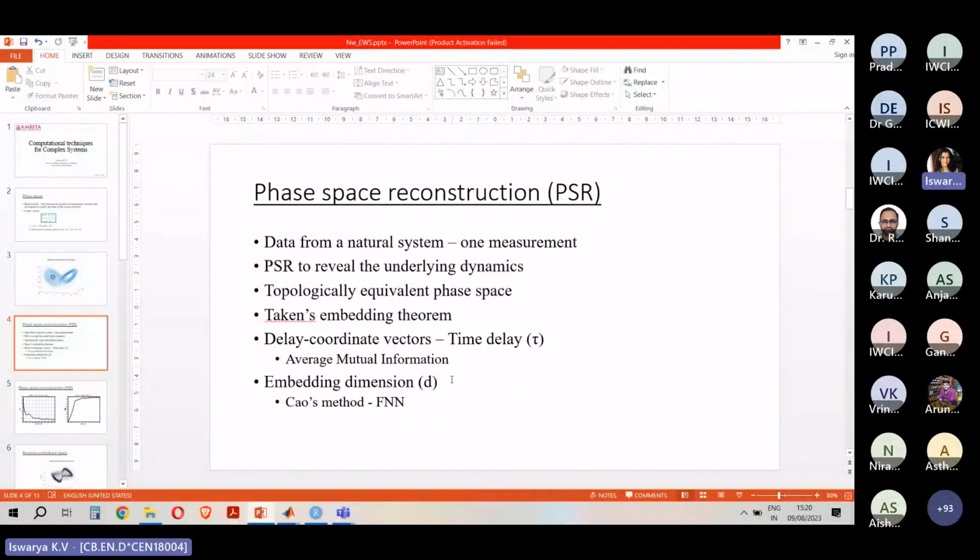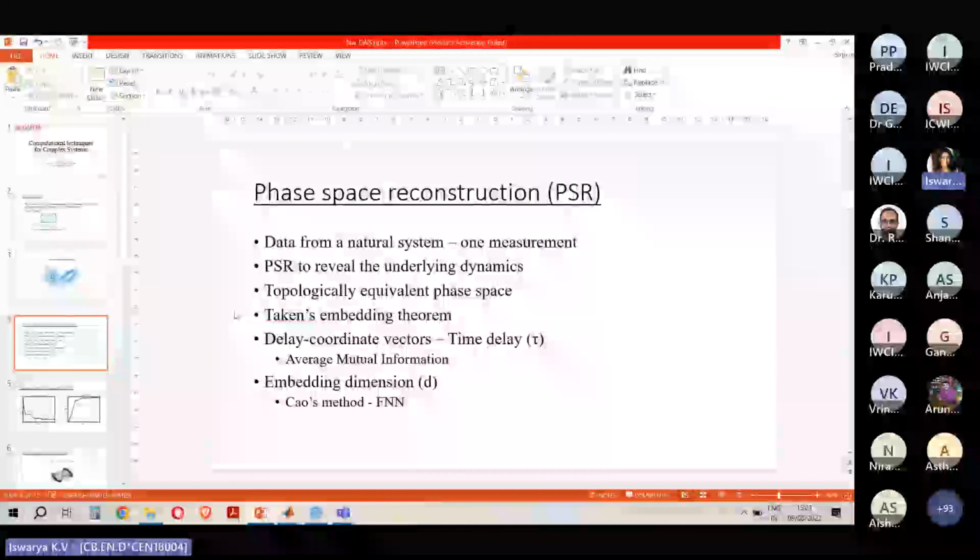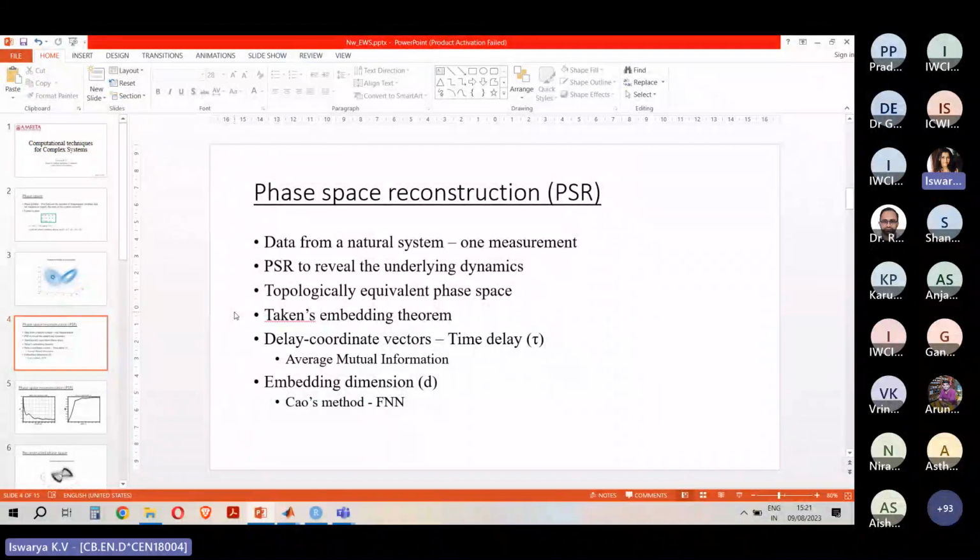And in the case of the embedding dimension, it is that dimension where, let's say I have 2 points and the distance between these points remains the same even when it is projected to a higher dimension, that will be taken as your minimum embedding dimension. A good example would be, let's say you're looking at a square in 2 dimensions, but when I try to project it into 3 dimensions, suddenly the square becomes a cube, which means that if I project the cube onto a 2-dimensional space, I will just be looking at a square.